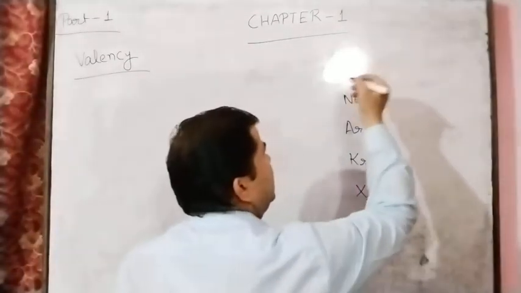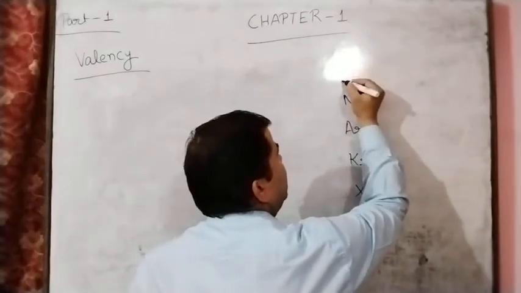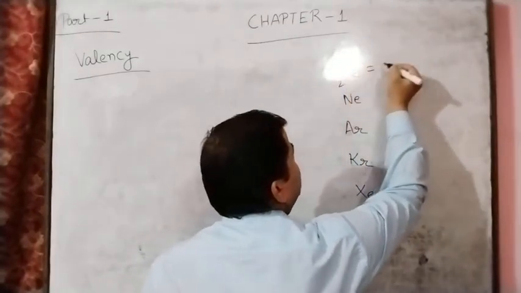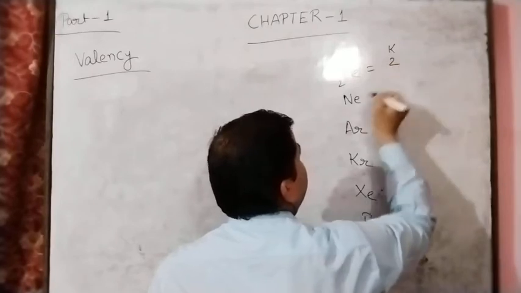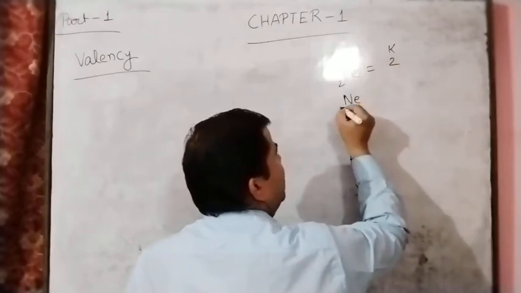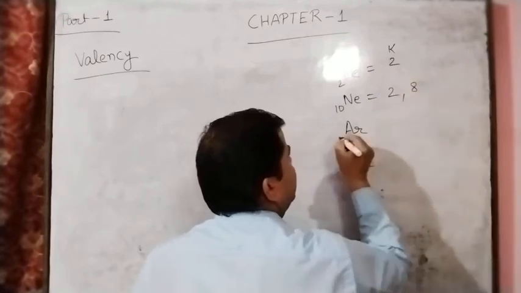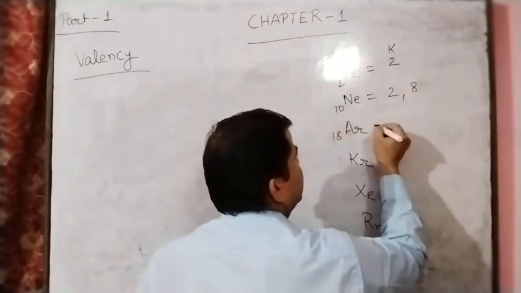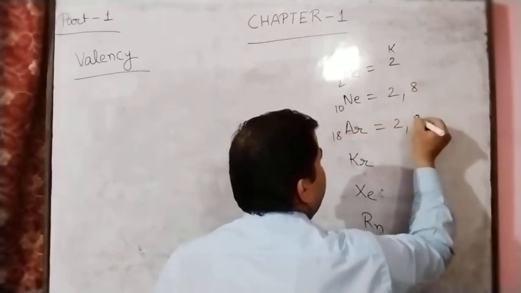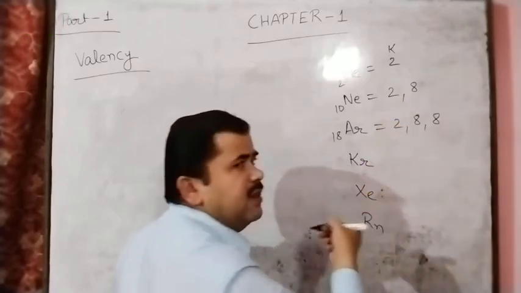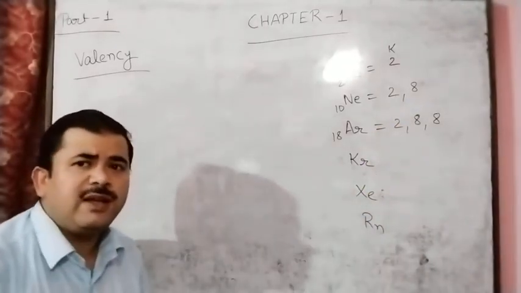Here the atomic number of helium is 2, so it has 2 electrons. Neon is 10, so here 2, 8. Argon is 18, so here 2, 8, 8. Then krypton 36, 2, 8, 18, 8.